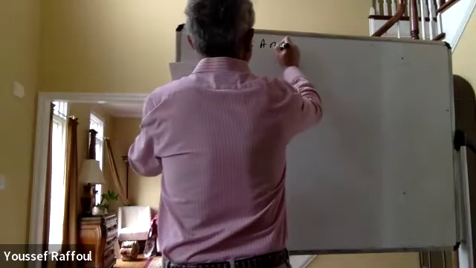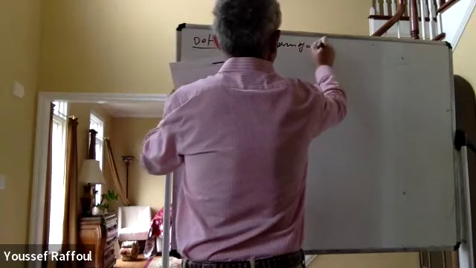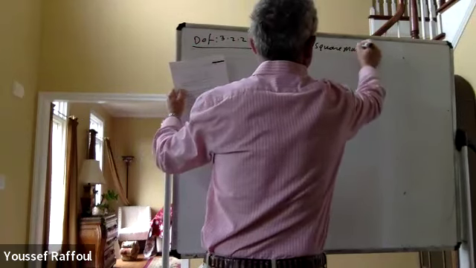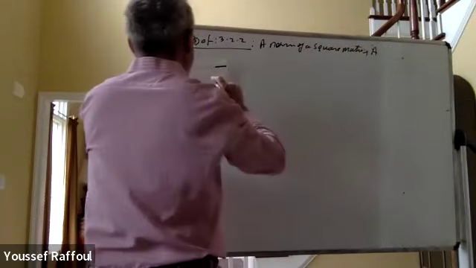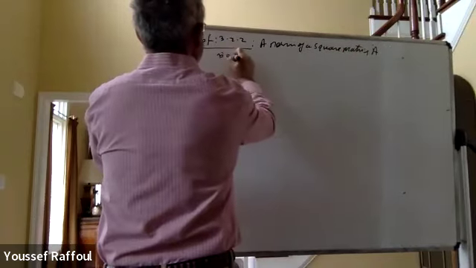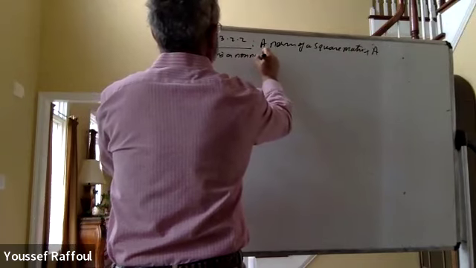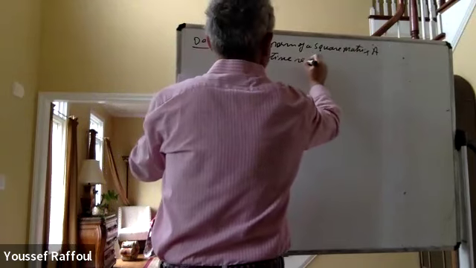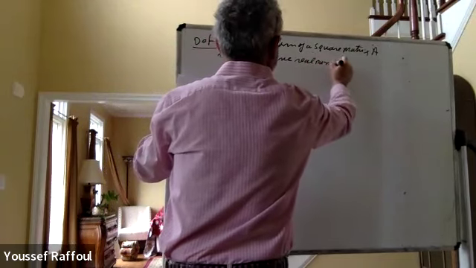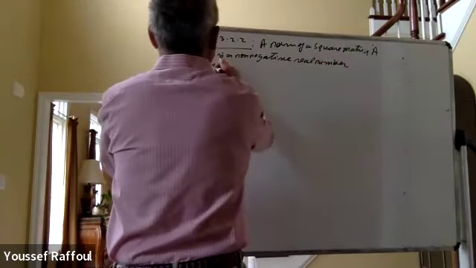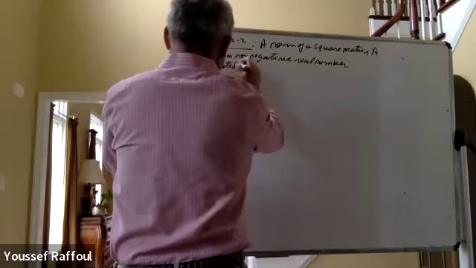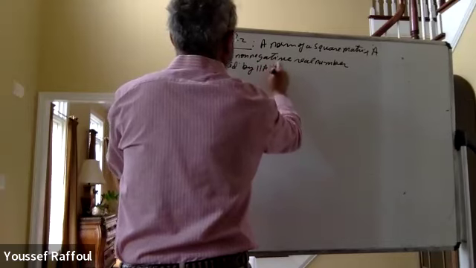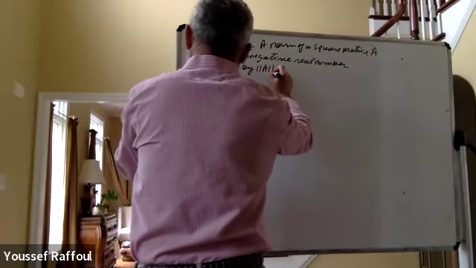A norm of a square matrix A is a non-negative real number denoted by ||A||, okay?